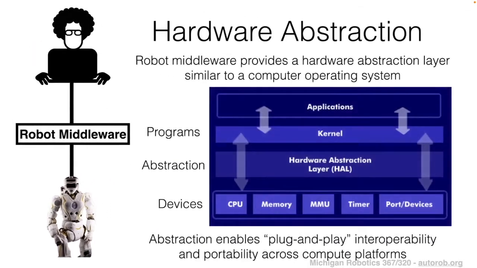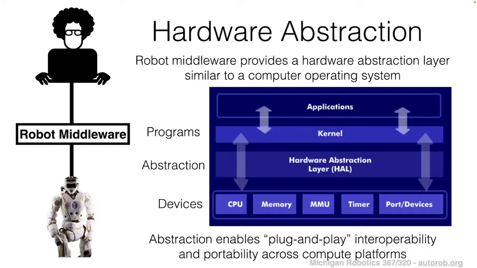The role this robot middleware plays should look very familiar to those of us coming from a computing background, from the standpoint of operating systems. The real power behind robot middleware is that it provides a hardware abstraction for our applications to use. On the right-hand side of this slide is a diagram typical of the role that a computer operating system plays.